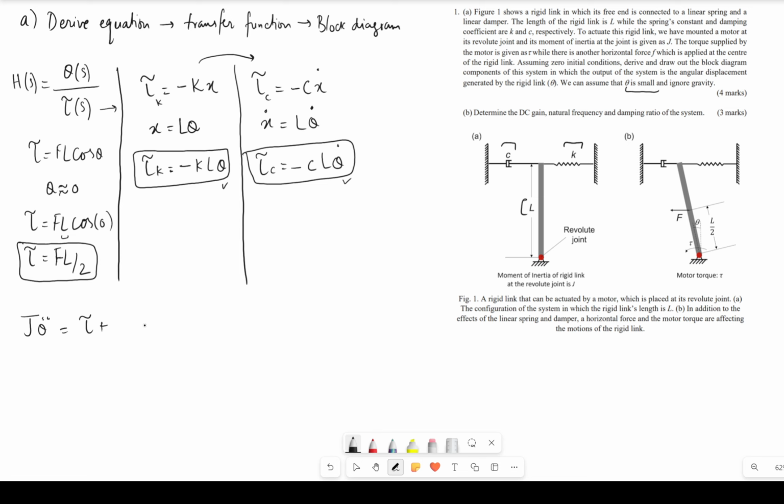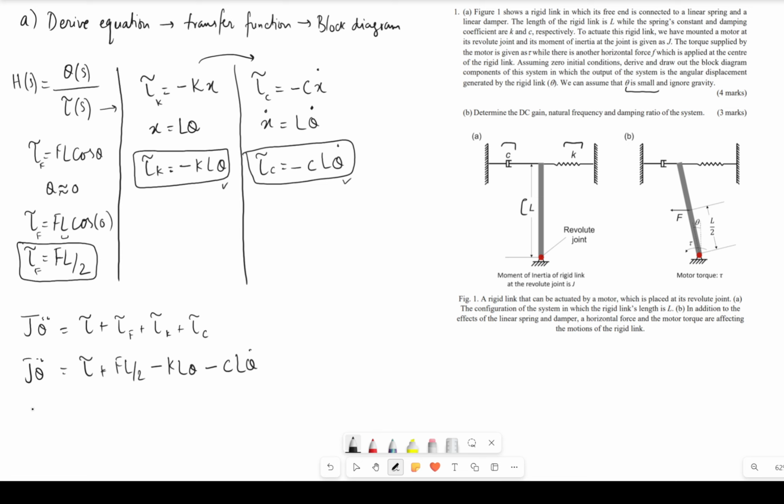So this is our torque due to force, plus torque due to K, plus torque due to C. We add all these things, we get J theta double dot equals FL by 2 minus KL theta minus CL theta dot.